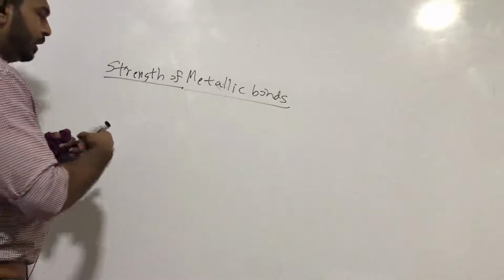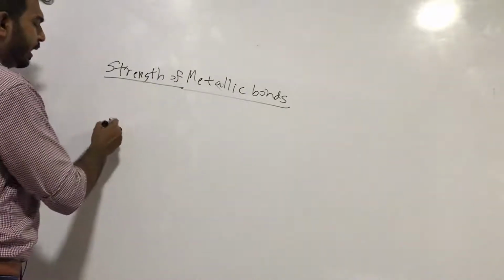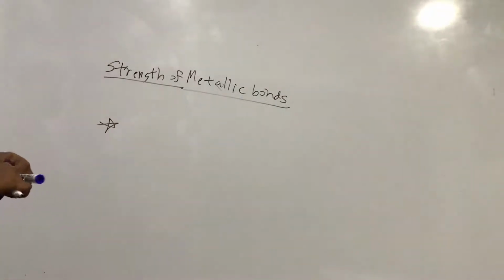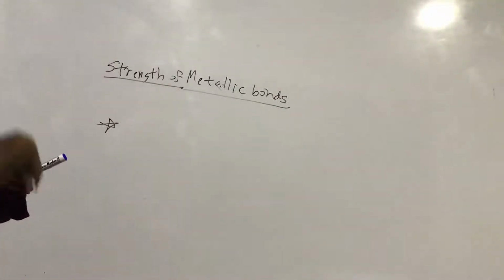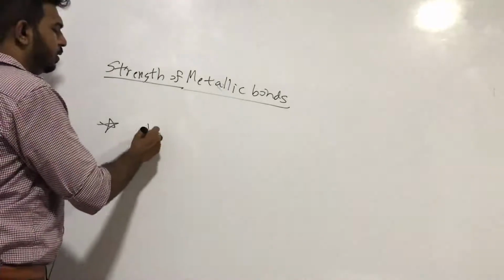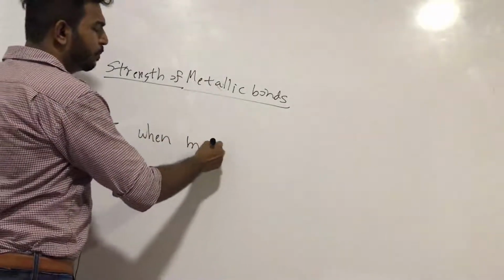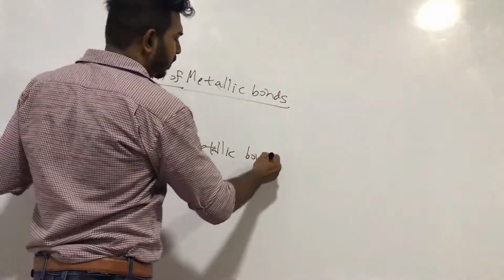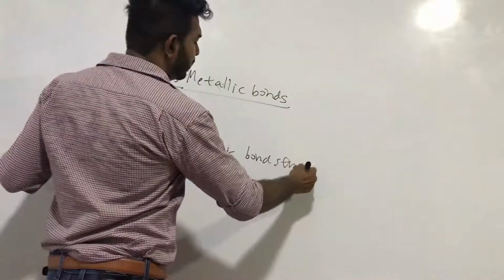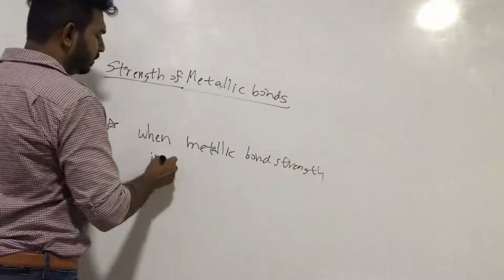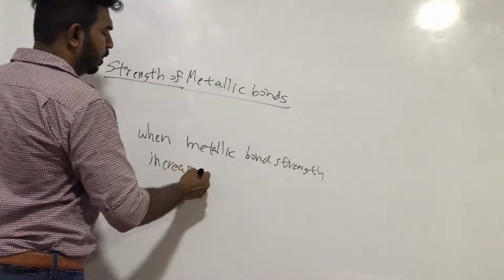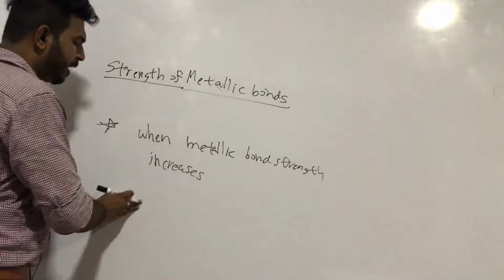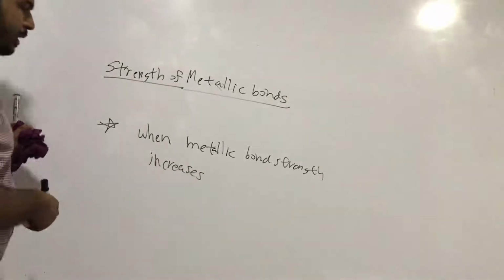Okay, write another very important fact using a color pen. If you have a color pen, write this fact using a color pen. When metallic bond strength increases, these facts will be increased automatically.